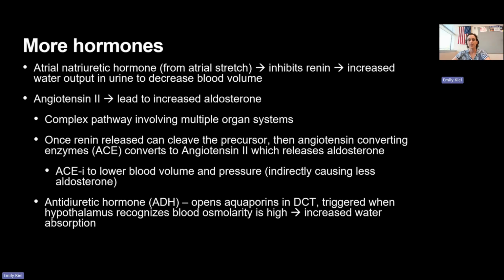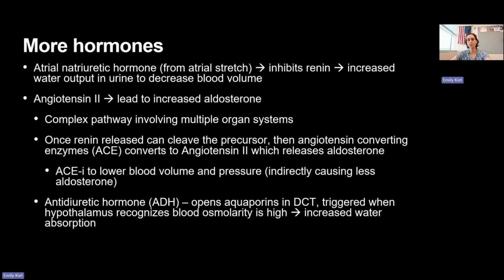They're known as ACE. That's going to make the angiotensin 2, which is going to release aldosterone. And the reason I mention this is we use ACE inhibitors. So if you've heard enalapril, benazepril, all of those pril drugs, I guess not all of them, but many of the pril drugs to lower blood volume and blood pressure.